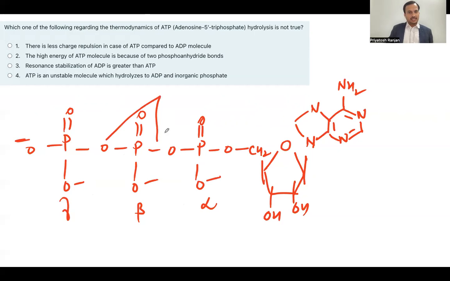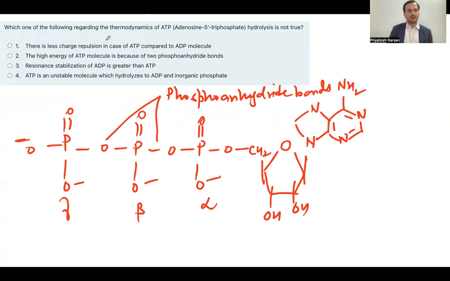These bonds are called phosphoanhydride bonds.